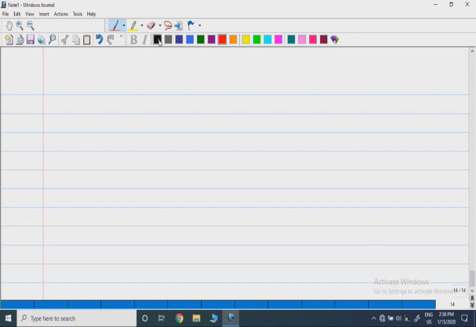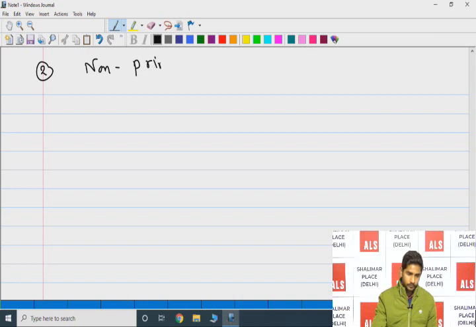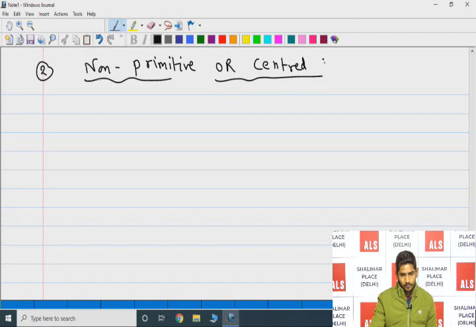Next, number 2, non-primitive or centered. It means here atoms will be at the corners, and other than the corners we can have atoms at some other positions as well. So the first is the body center.